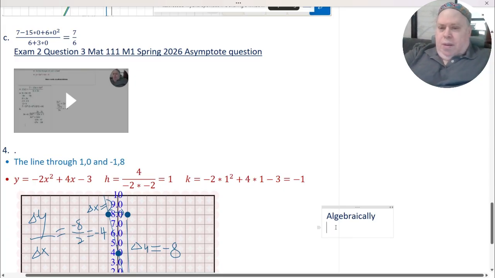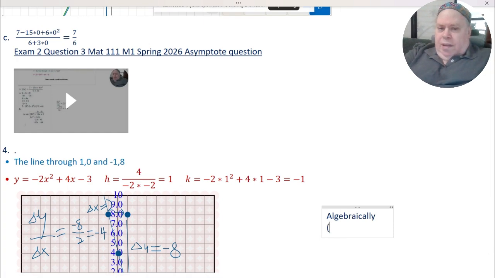So that's going to be y2 minus y1, 8 minus 0, divided by x2 minus x1, minus 1 minus 1.